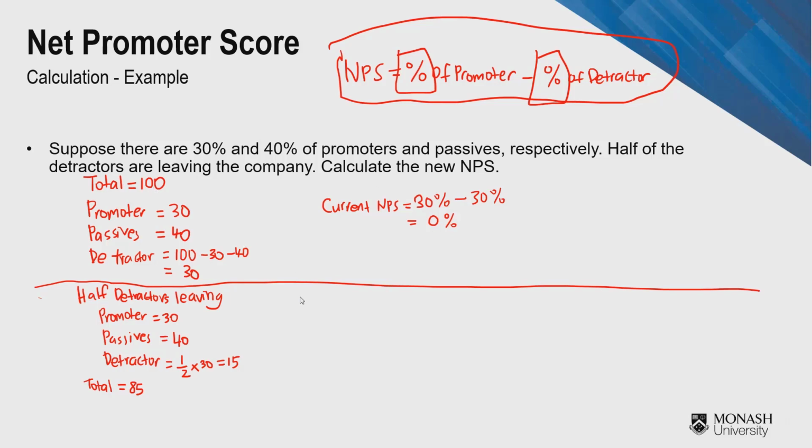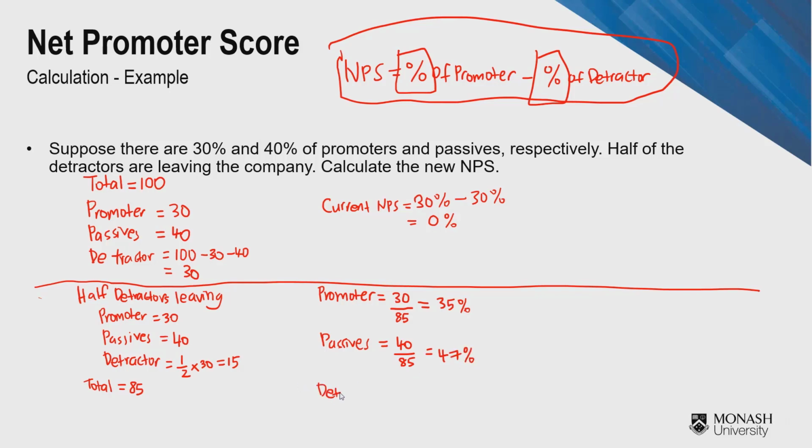So in here, our promoters become 30 divided by 85, that will give me 35%. Your passive equals 40 divided by 85, that will give me 47%.